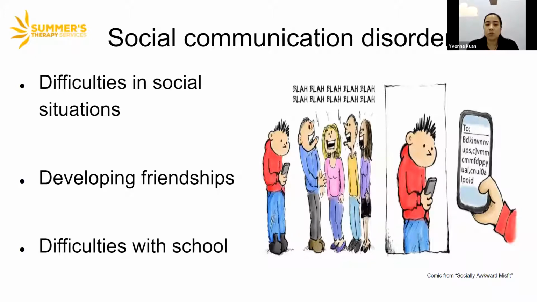Building that conversation with friends. If you have issues with social interaction, social cognition, or language processing and pragmatics, all of this, building friendships, knowing what is the appropriate way to interact in this social situation as opposed to that social situation, that will be difficult for you. And you will also face difficulties in school.